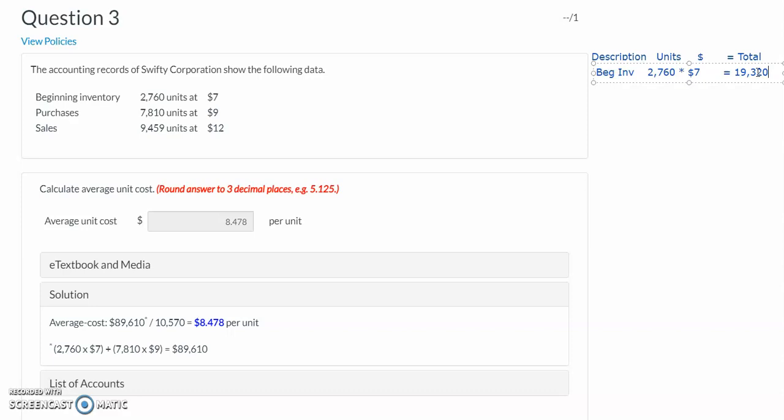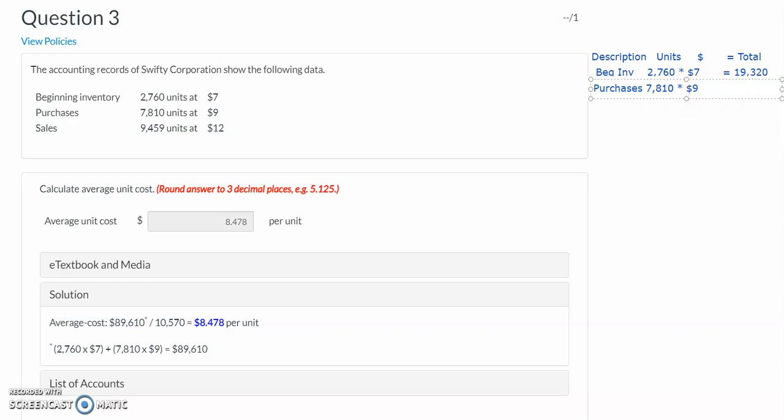I also have some purchases that have happened during the period, so I'm going to write down my purchases. And my purchases during this period were 7,810 units at $9. It's important to note that the prices are rising. What you used to be able to buy for a cheaper price now is costing you more.